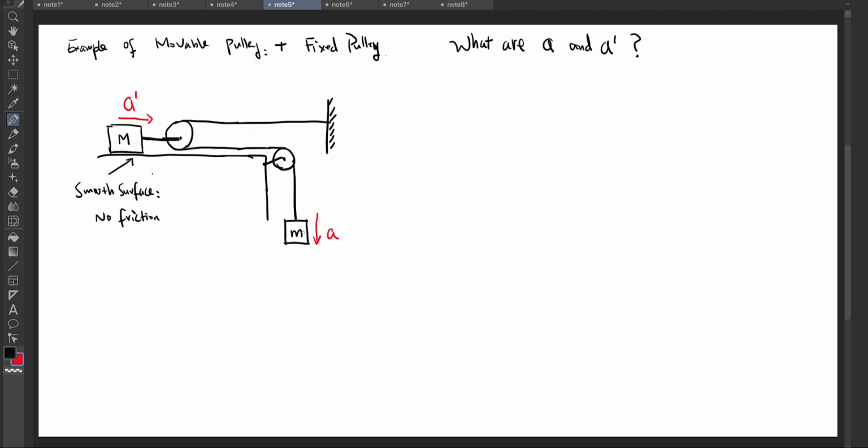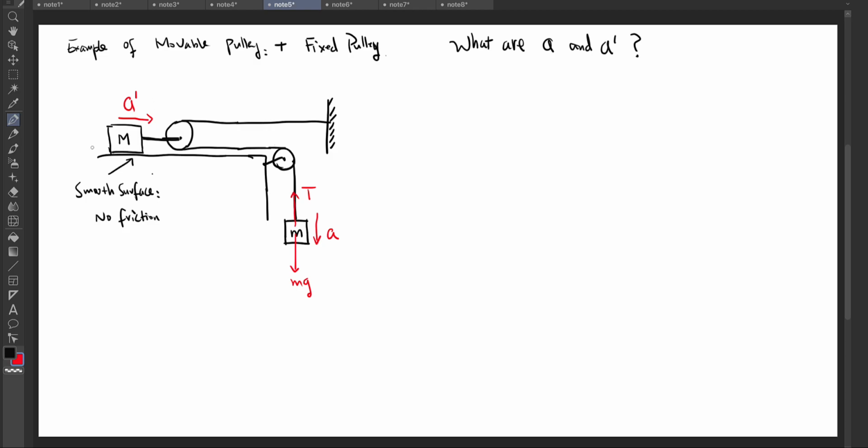For the little m here, it's easier. There's a gravity mg. There's a tension force T. And that's it. That's the free body diagram for the little m.